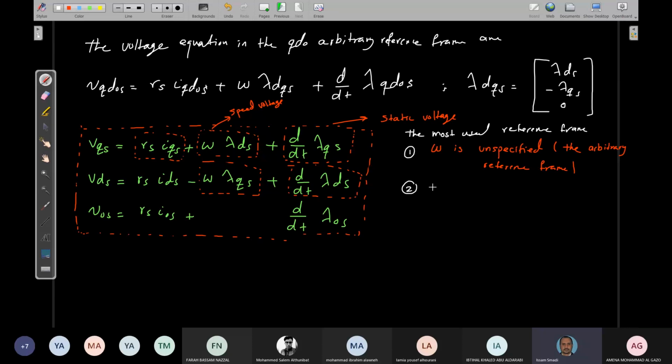Now here, if omega is equal to 0, this means the reference frame is not rotating, and this is called the stationary reference frame.